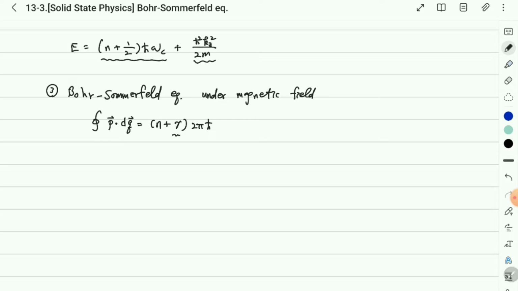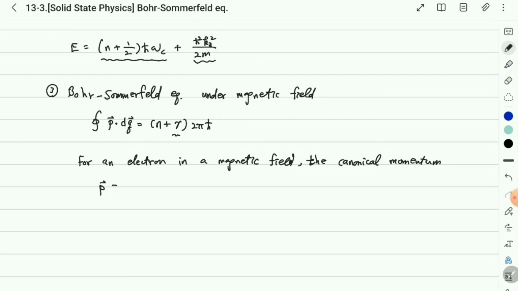For the photon electron, we studied that from classical mechanics. We see that for an electron in a magnetic field, the canonical momentum is transformed like ħk minus e over c times the vector potential.